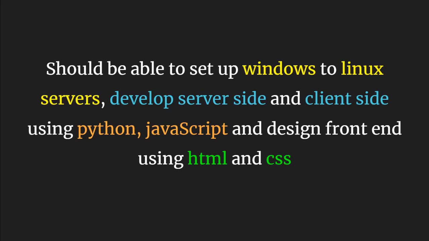You should be able to set up Windows to Linux servers, develop server side and client side using Python, JavaScript, design. That's what I told you before. You must know all the technologies with respect to front end and back end. You must be well aware that using both those technologies, you can become a full stack web developer.